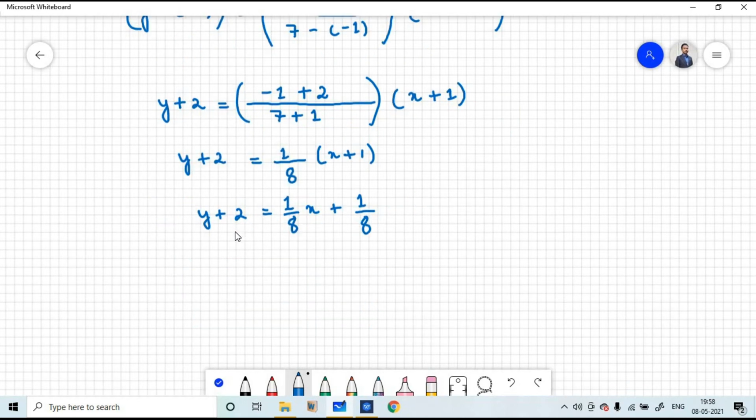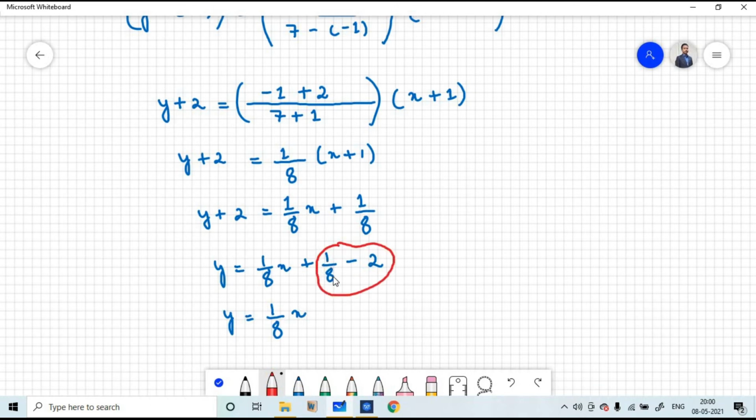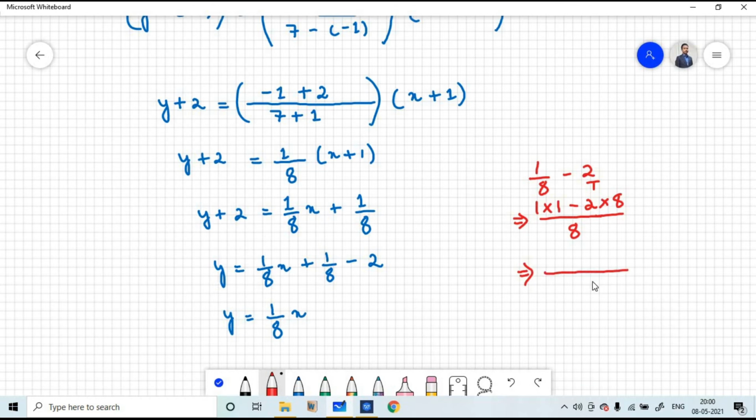Let us transfer 2 to the right hand side and simplify further by subtracting 2 from 1 by 8. Let us take a common denominator, 8. 8 divided by 8 equals 1, times 1 equals 1, minus 2 times 8 equals 16. 1 minus 16 equals minus 15, since negative is greater, by 8.